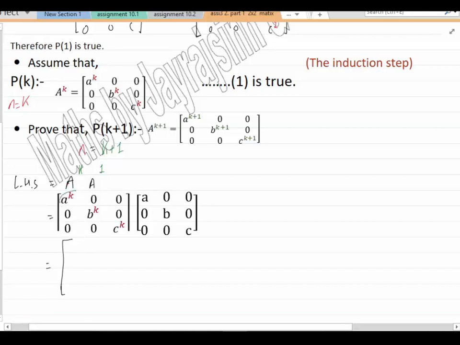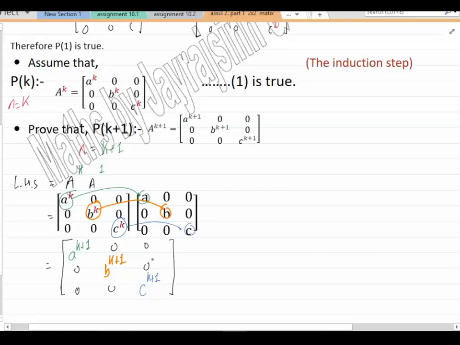I mean to say a raised to k will multiply with a and it will give us a raised to k plus 1. Then b raised to k will multiply with b. So b raised to k, b raised to 1 will give us b raised to k plus 1. And finally c raised to k will multiply with c, which will give us c raised to k plus 1. Okay, the rest of the terms will be 0.